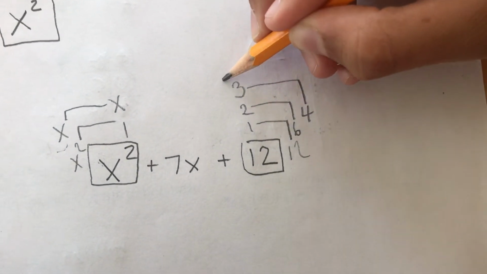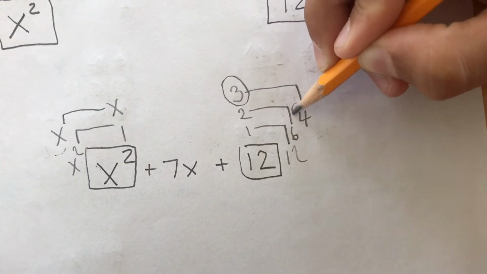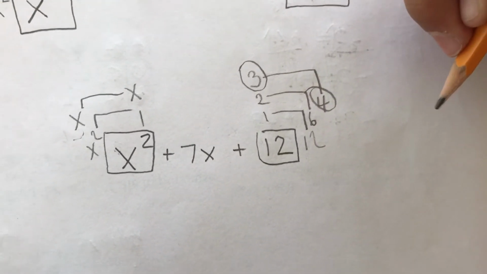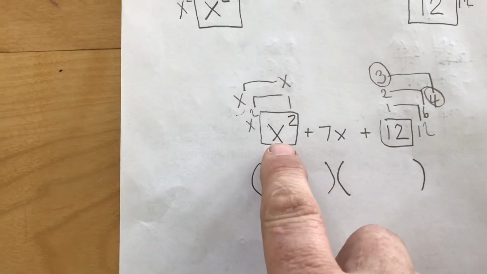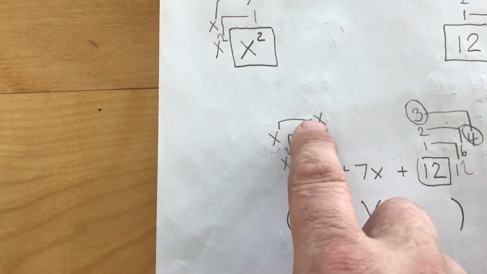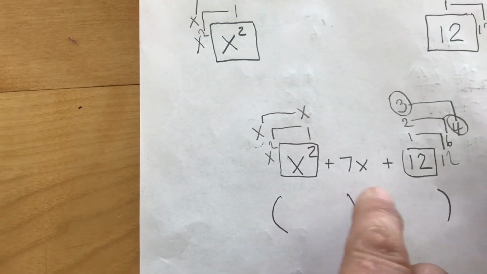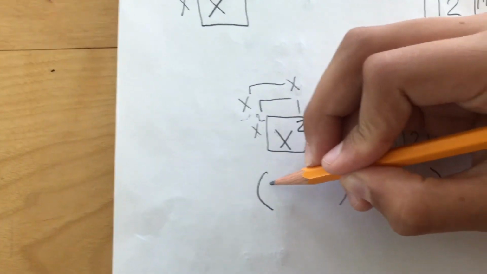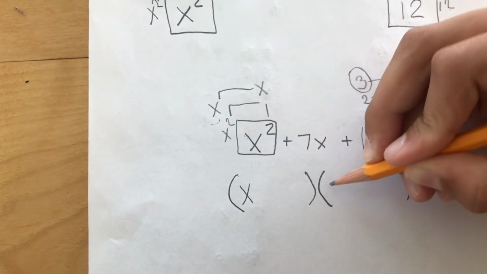Good job. Okay, now we're going to put those in two binomial pairs. First, we're going to think of factors to make x squared. I suggest to use the x and the x. Go ahead, the first term of these binomials will be x. X and x.